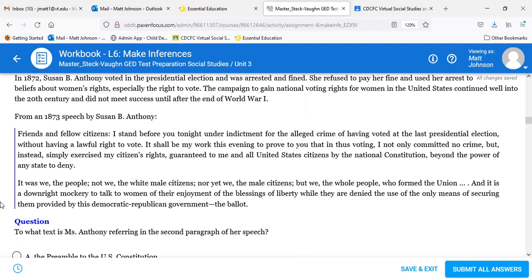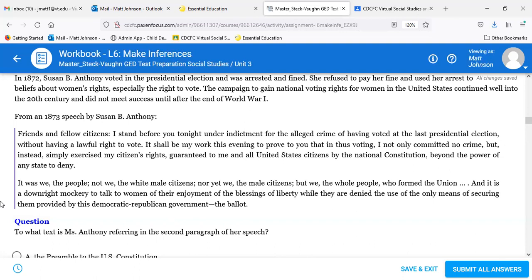And it is a downright mockery to talk to women of their enjoyment of the blessings of liberty while they are denied the use of the only means of securing them provided by this democratic-republican government, the ballot.